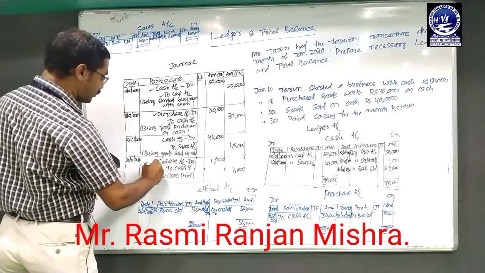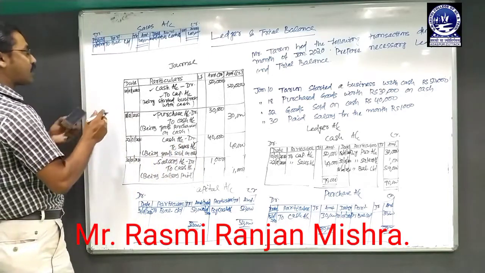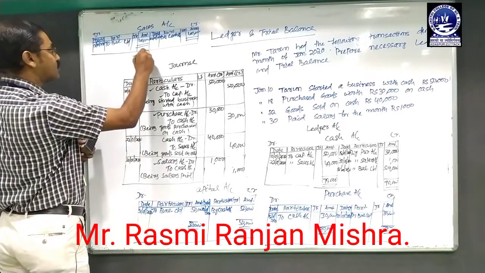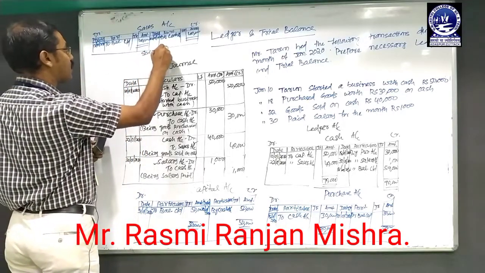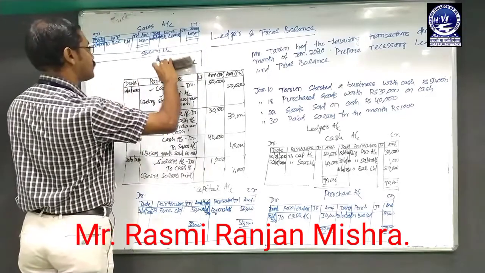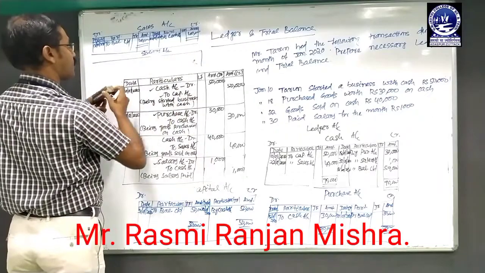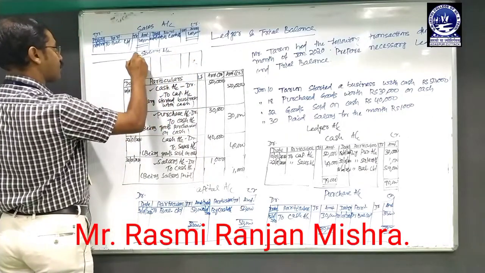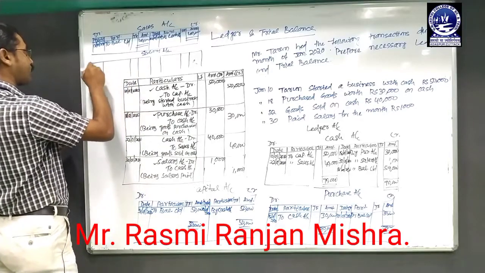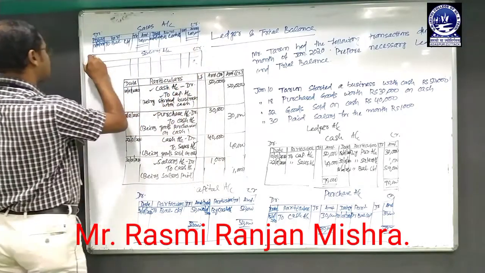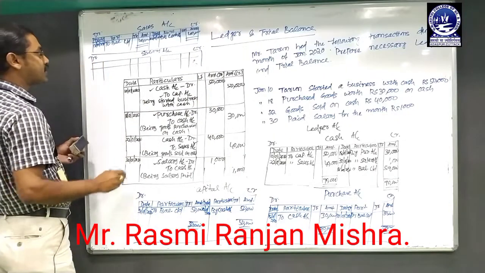The last one is your salary account. So now we are making the ledger account of the salary account. How the salary ledger account will be prepared, that we are now going to put. Debit is the left side, right side is credit.